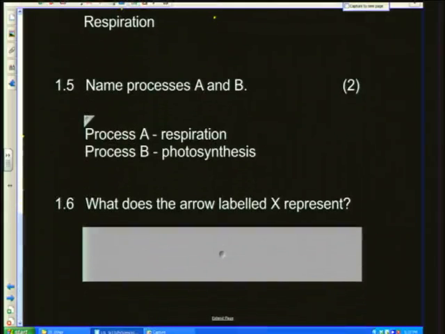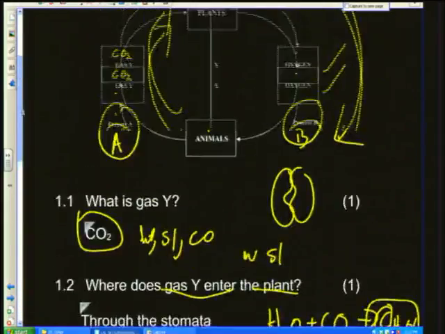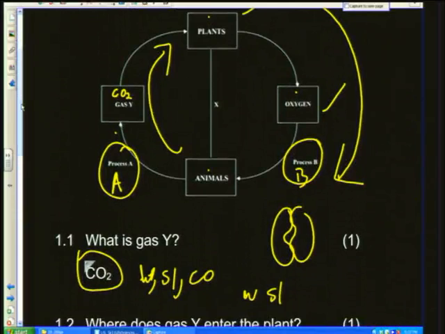Next, what does the arrow labeled X represent? So we're talking about this part here. What is it representing? Remember, there's up and down.